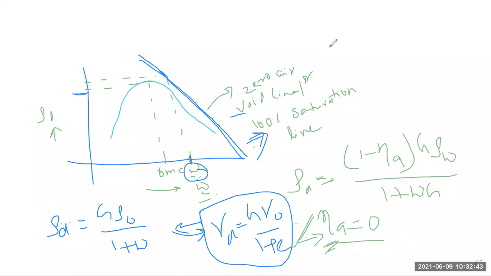So we can also write that the 0% air void line is equal to the 100% saturation line.